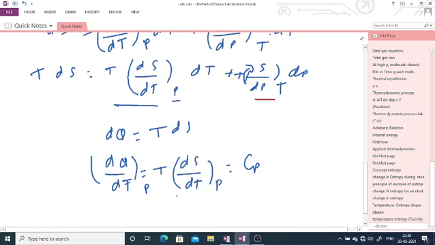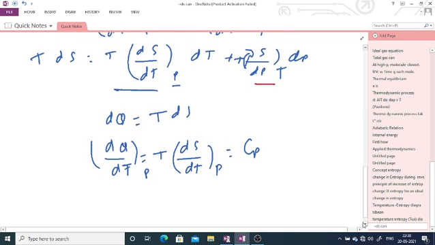Maxwell's fourth relation is written this way, so we get dS/dP at constant T. There are four variables: pressure, volume, temperature and entropy.